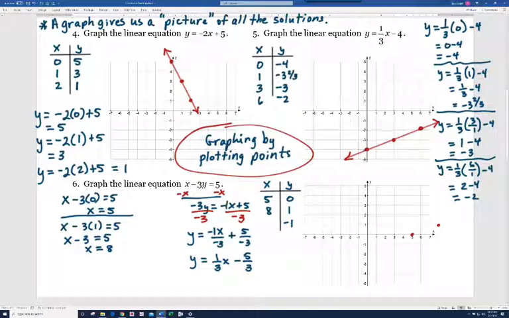You could see as we were getting bigger with y values, that was taking us off the grid. So let's try a negative value. And so x minus 3 times negative 1, that's going to be plus 3 equals 5. And so we're going to get 2 there. And so our graph's going to look like that. And I'm going to go ahead and stop here, and we'll do a second part.